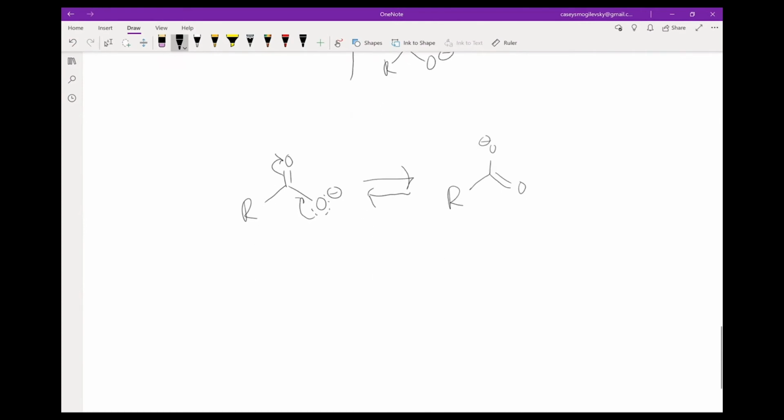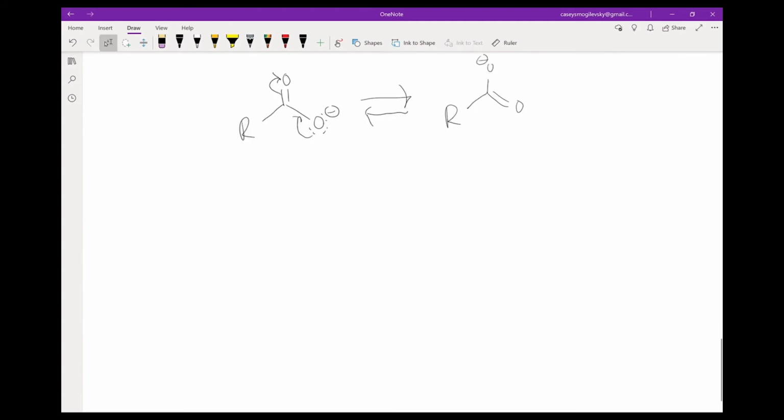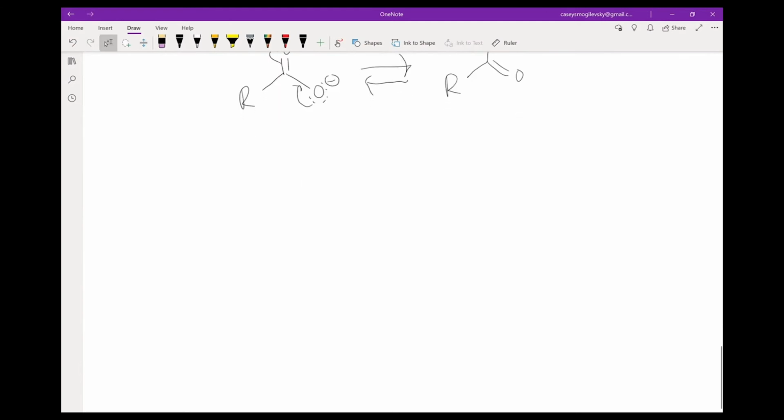Okay, the next thing that's up is an amide. Now, this one might be a little bit more obscure as to why this occurs, but you can similarly draw resonance structures with amides. There's only two pairs of electrons there. And this nitrogen actually has a lone pair here. And you'll get this structure.